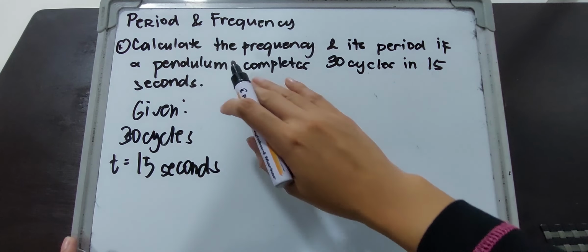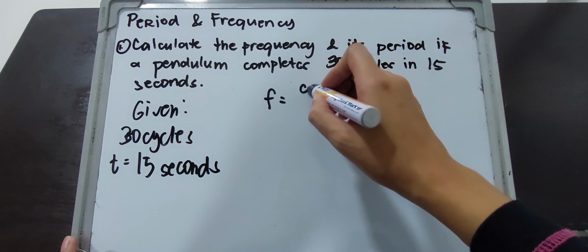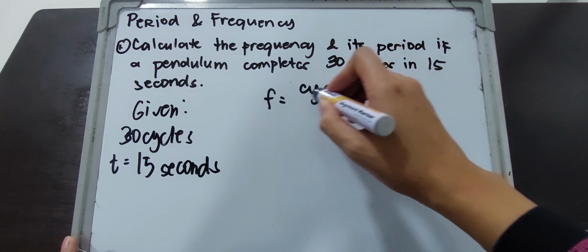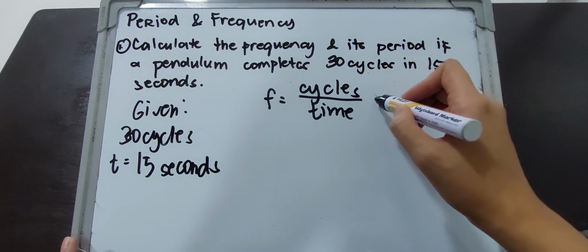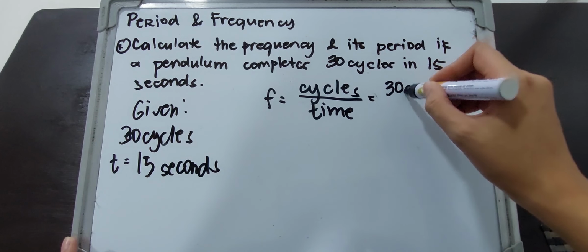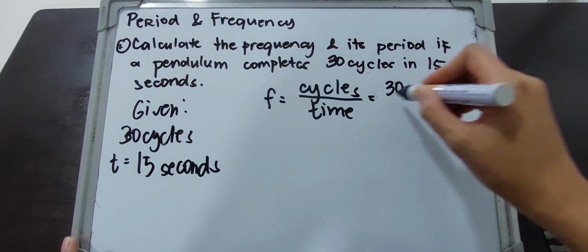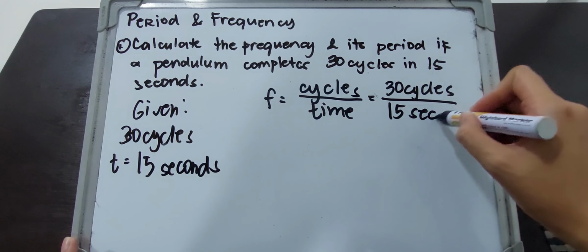So for us to get first the frequency, we have the formula cycles divided by time. So substitute lang natin. Cycles natin is 30 cycles divided by the given time, 15 seconds.